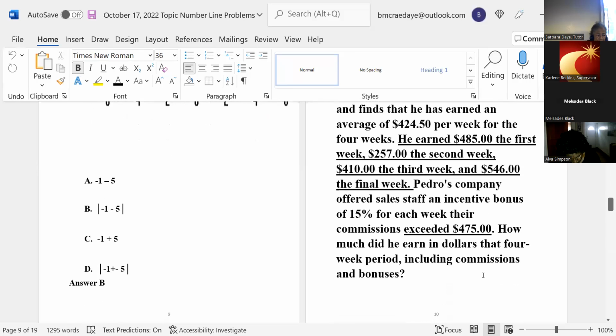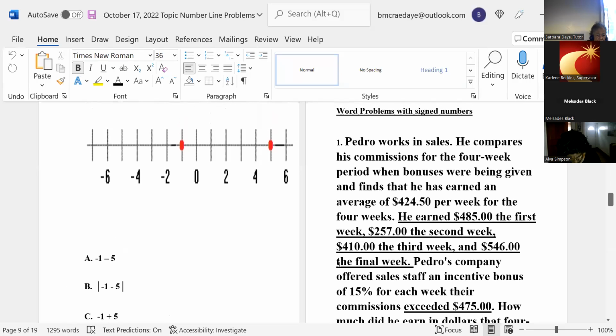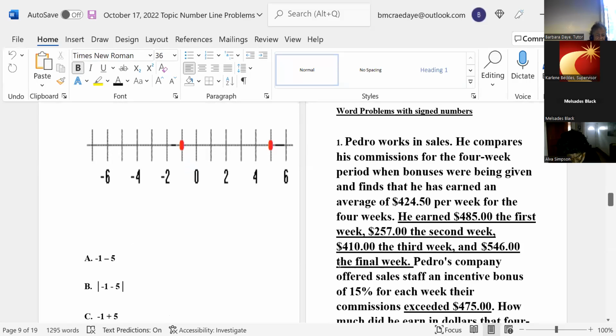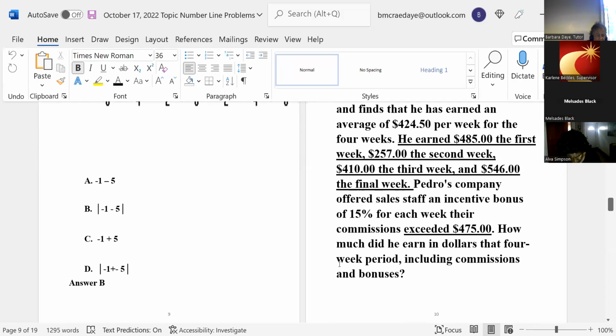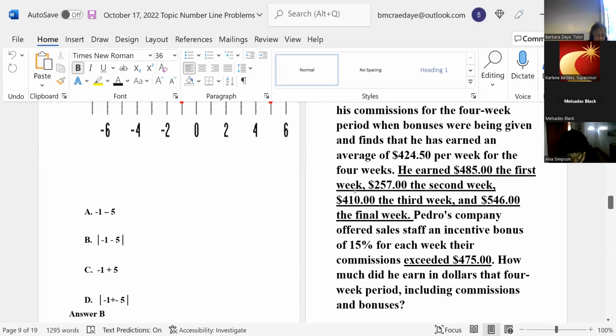All I'm seeing is answer B. I can see your cursor going, but I'm not seeing what you've written. You don't see the word problems with signed numbers? Pedro works in sales. I only see the bottom of the reading, 424.50 a week for the 4 weeks, but I don't see what to do after that.